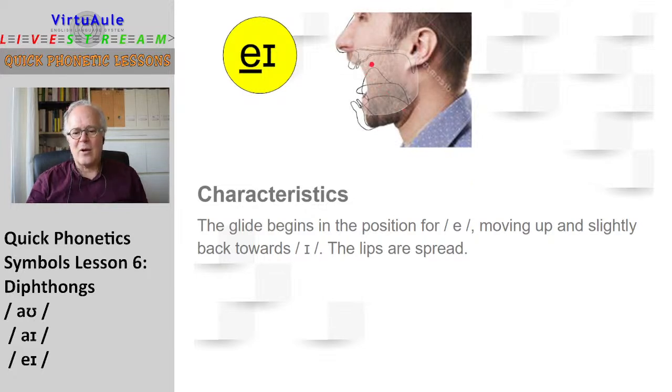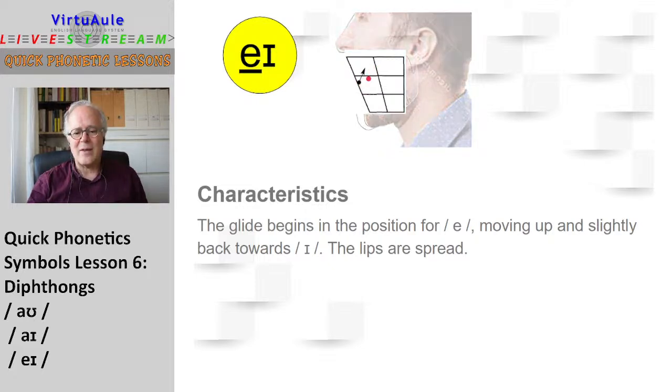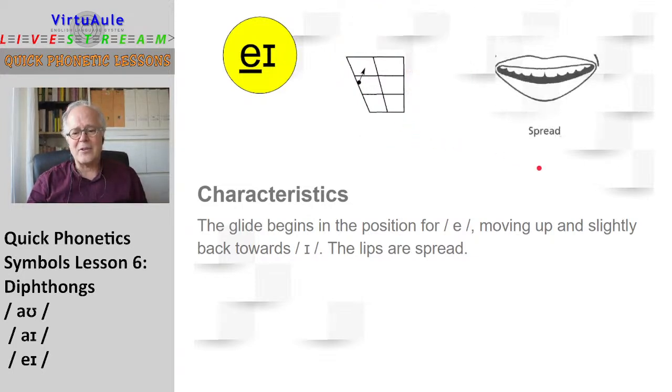According to our diagram of the mouth, where the vowel sounds are articulated, we start with a position that is quite frontal, in the middle of the mouth, into a little bit higher and slightly back. That's the representation of the sound in the mouth.